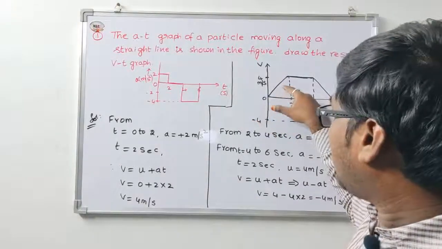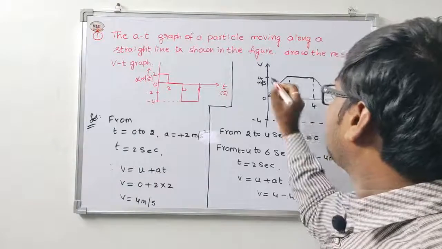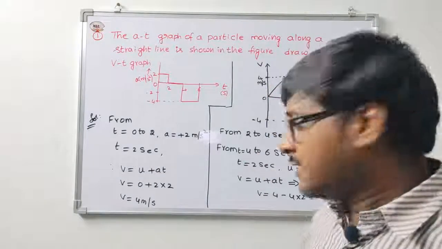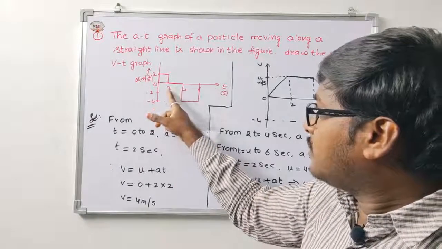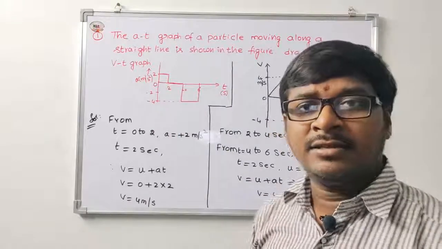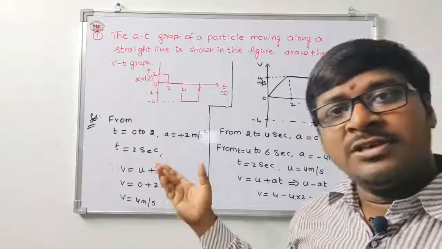In 2 seconds the velocity is 4 meter per second. Next, in this graph, from 2 to 4 these two are in contact with each other. Then acceleration is always 0.